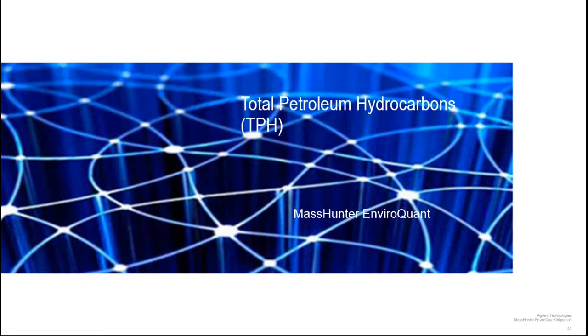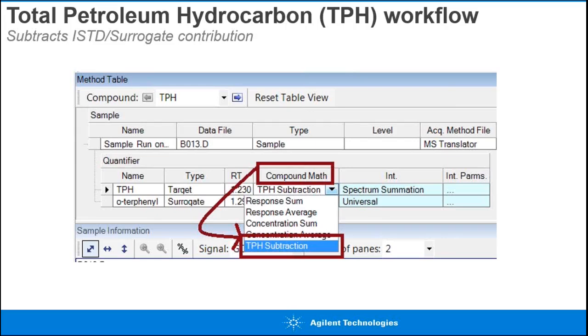All right, let me jump into several specific workflows that we've put into this environmental package. First, TPH. So those of you who are in the industry, it's likely that your environmental lab is doing TPH. What we've done is put in the mechanics of what we call compound math, and compound math has the smarts.